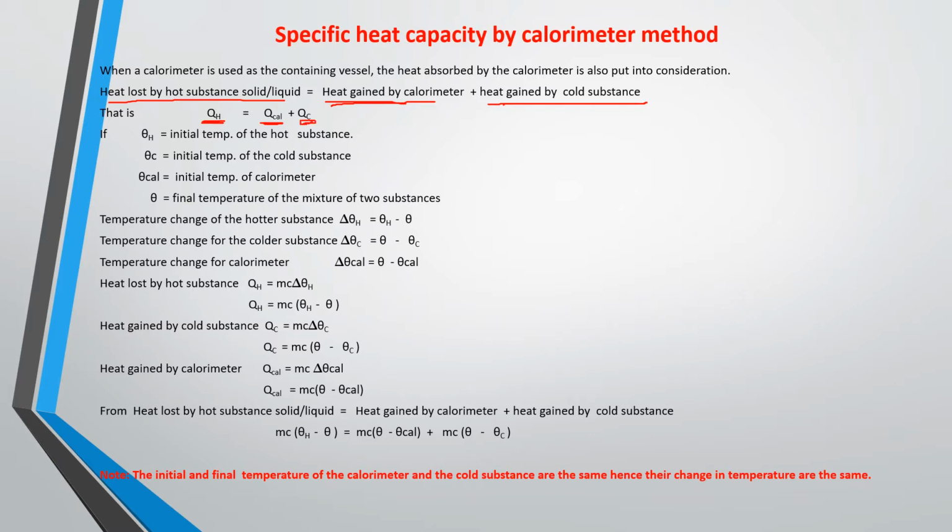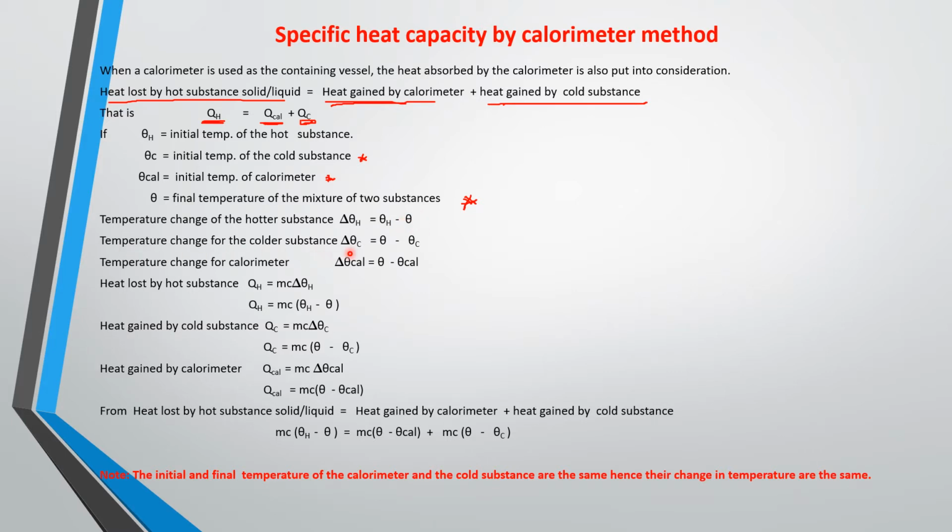Now, what you should know is that the initial temperature of the calorimeter and the cold substance inside of it are the same. Besides that, the final temperatures of all the substances are the same. Okay, their final temperatures are all the same. So if that is so, then the change in temperature for the hot substance will be its initial temperature minus the overall final temperature.